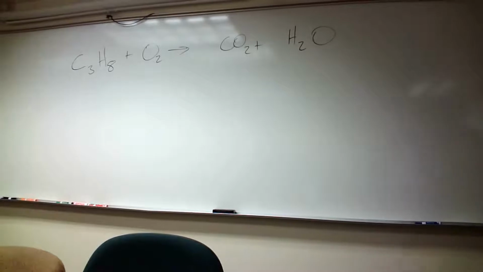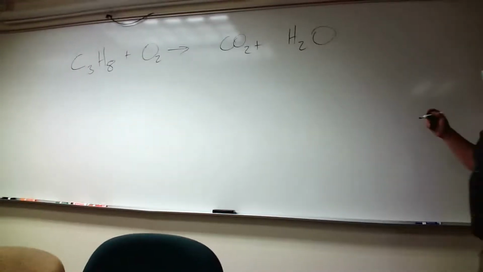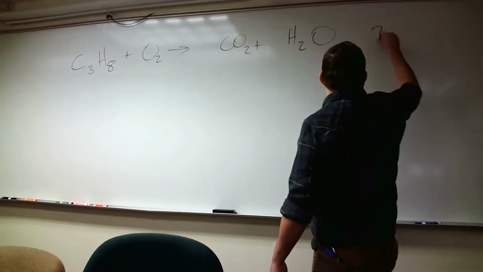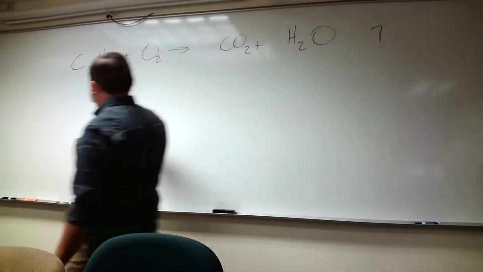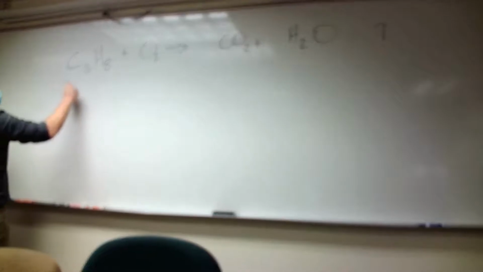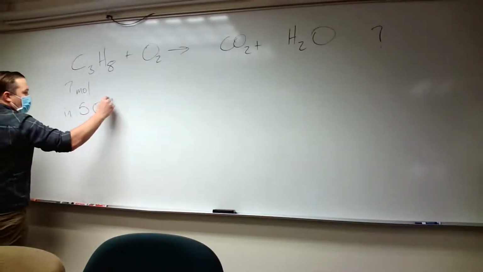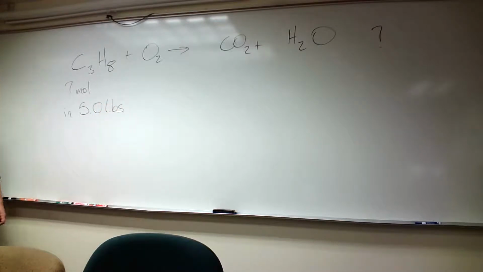And then if you still have it balanced, figure out how many moles, actually I'll write it over here. How many moles are in 5.0 pounds of propane? Pounds, grams.